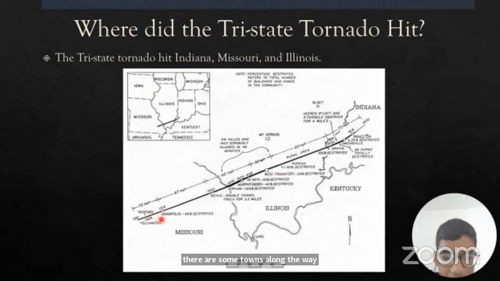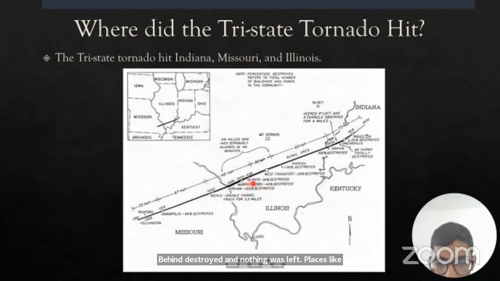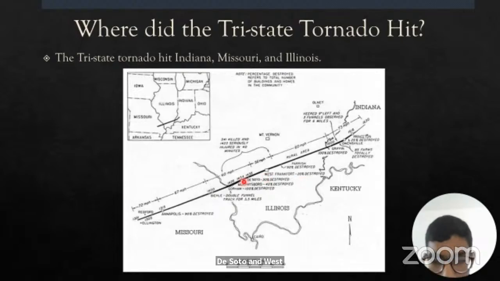Towns like Annapolis were 90% destroyed. Gorham and Griffin and Parrish were 100% destroyed and nothing was left. Places like Murphysboro, DeSoto, and West Frankfort were destroyed about 20 to 40%.